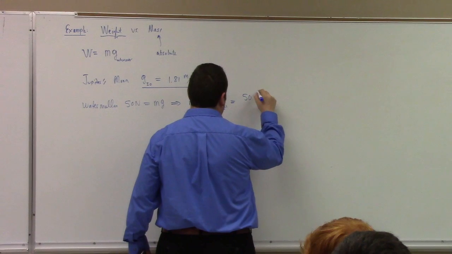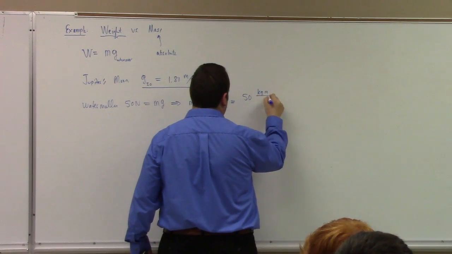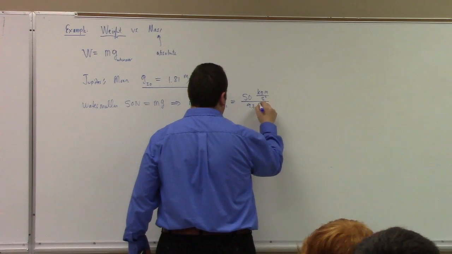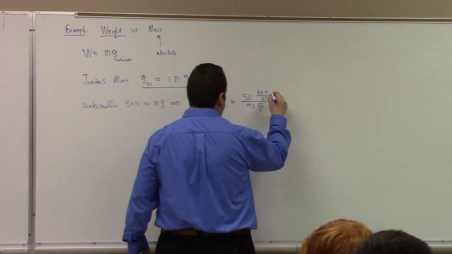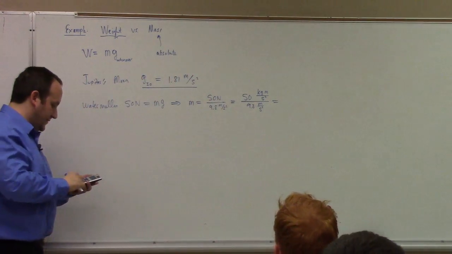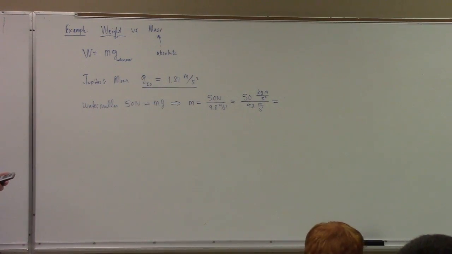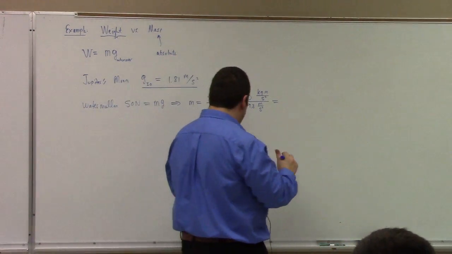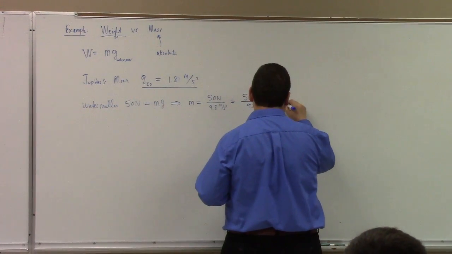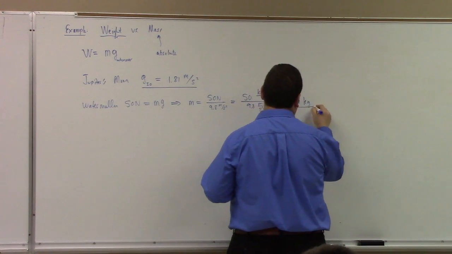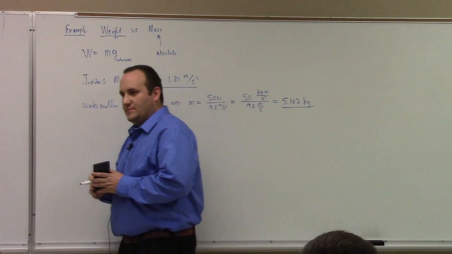This is 50 kilogram meter per second squared divided by 9.8 meters per second squared. So you see the units work out, right? Meters per second squared cancel, and we're just left with 50 over 9.8 kilograms, which gives me 5.102 kilograms. There you go. There's the mass. That last digit's probably not significant.